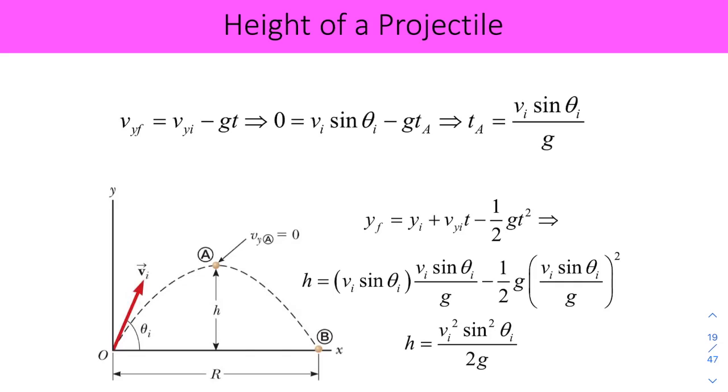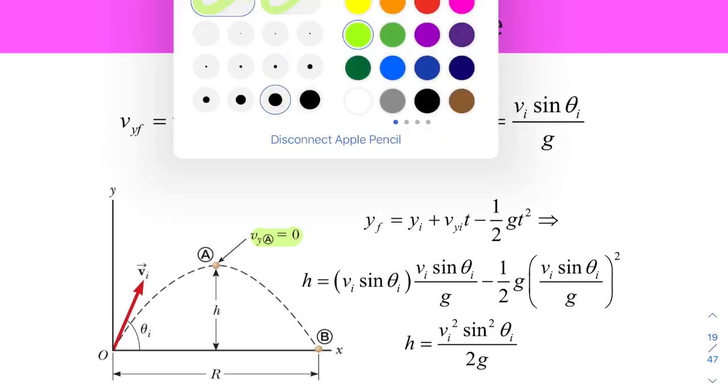So about the height just now, based on this formula, if you are talking about from the origin to point A, the v final there will be 0 here, and then this is your vy initial.